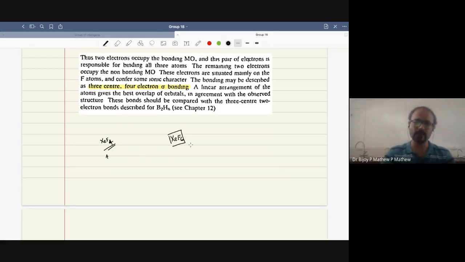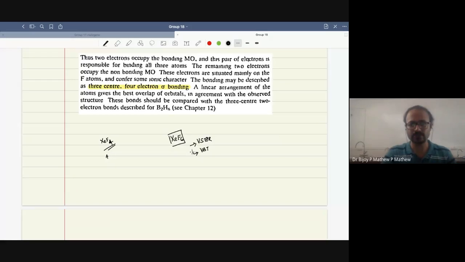So every one of you, please try to solve this structure, either using VSEPR or VBT, and try to get to the structure of XeF6.